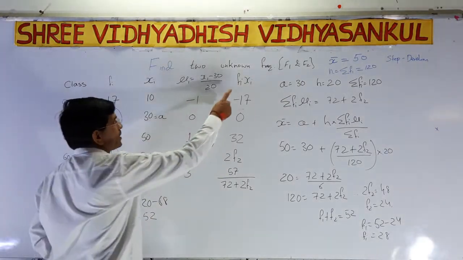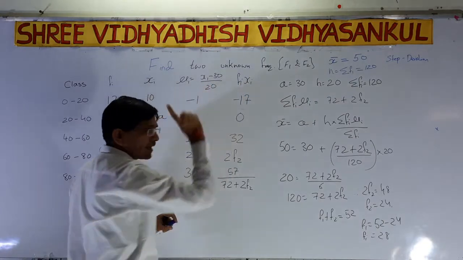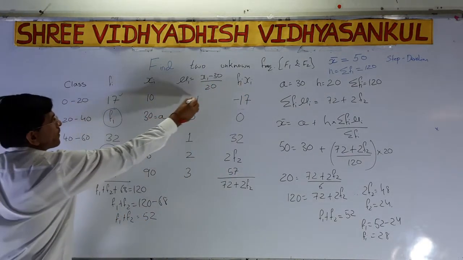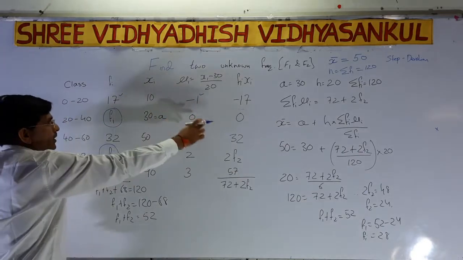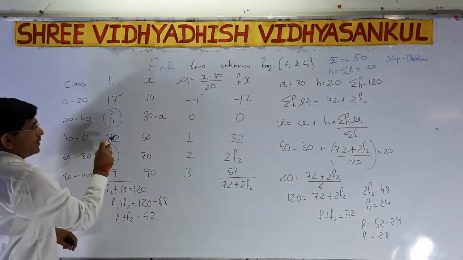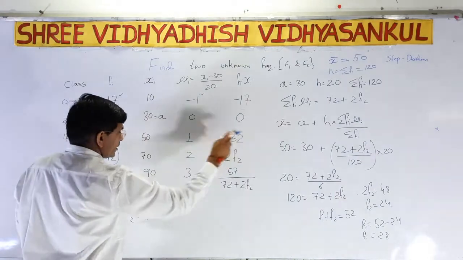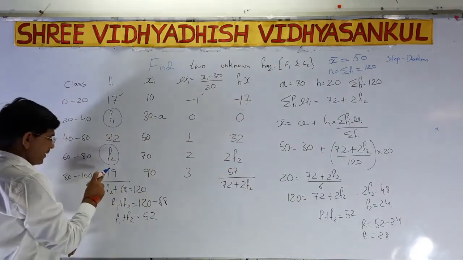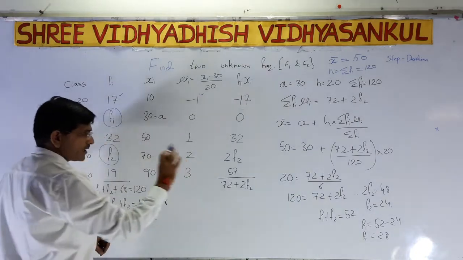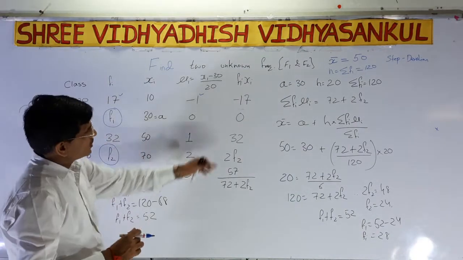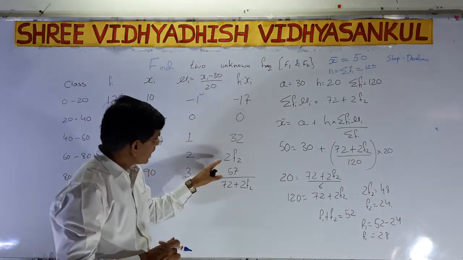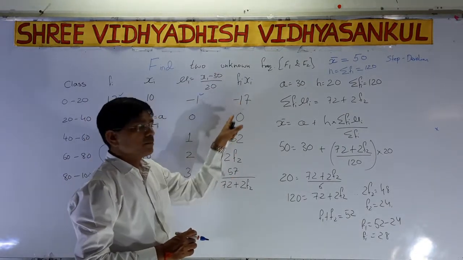Now next step, what do we have to do? Fi Ui. So always multiply. 17 into minus 1, that is minus 17. 32 into 1, that is 32. F2 into 2, that is 2F2. 19 into 3, that is 57. Now the mistake students mostly make is that they add 2 into the numbers.